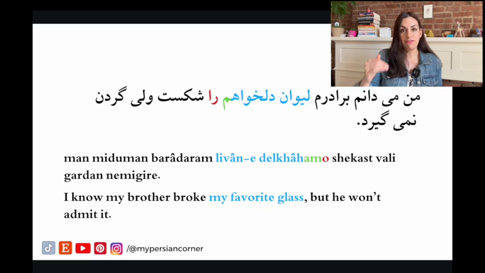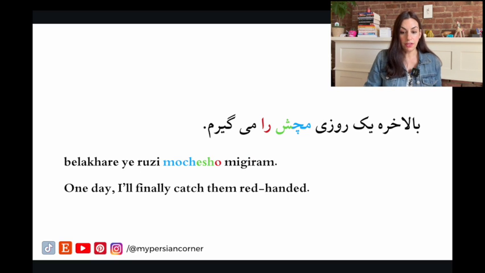He broke my favorite glass. So you can see the possessive form in there, my favorite glass, and را following all of that. Another example we had was بالاخره یه روزی مچشو میگیرم. مچ, we said that مچ was the wrist. مچش را میگیرم. And you can see the possessive form on there. I'll catch his wrist one day.